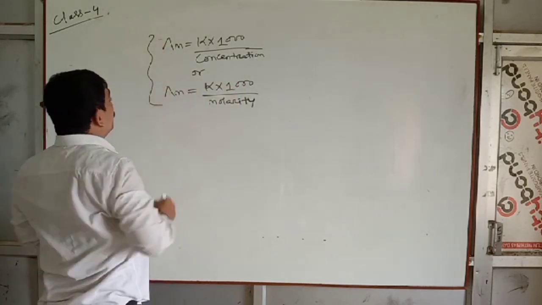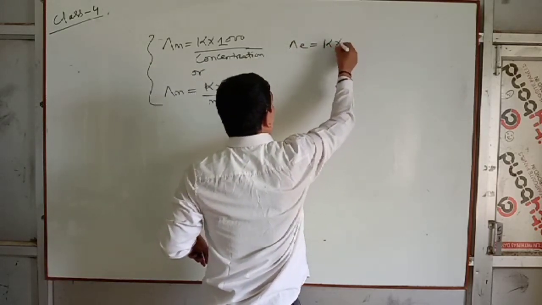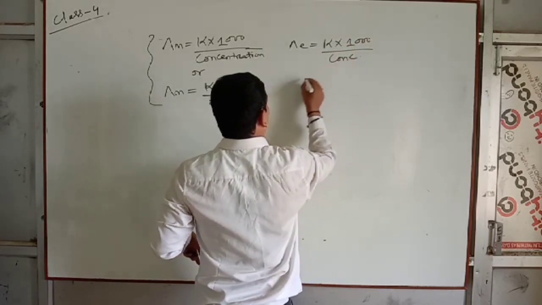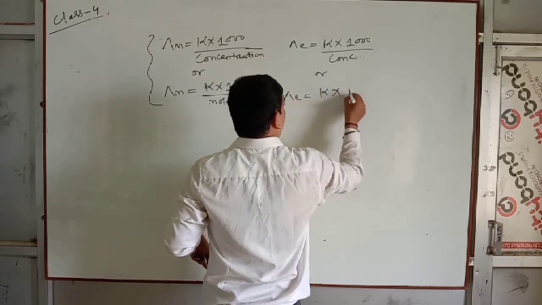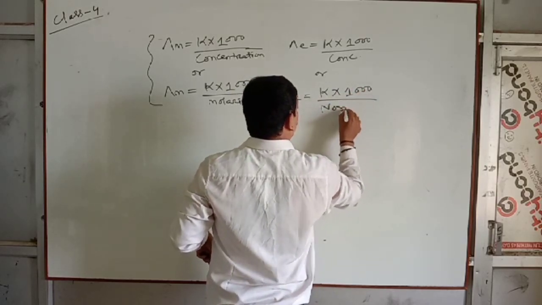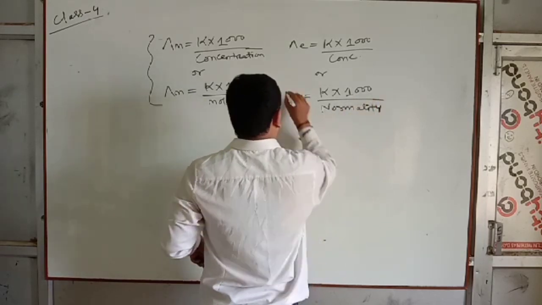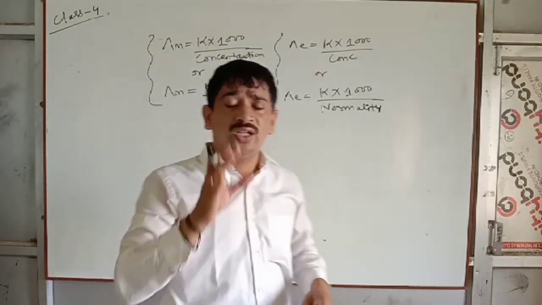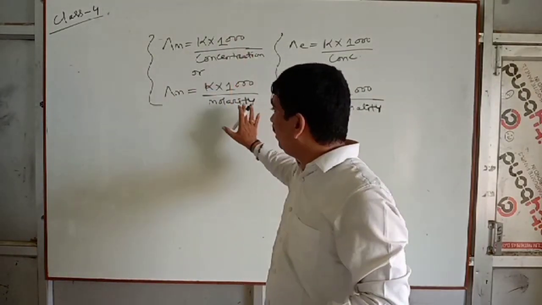So this is all about molar conductance. Next is equivalent conductance: lambda E equal to kappa into 1000 by concentration, or kappa into 1000 by normality. Clear? So this is all about equivalent conductance and molar conductance. Based upon this, we will solve the problems.